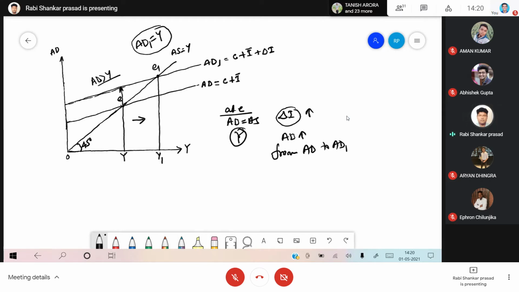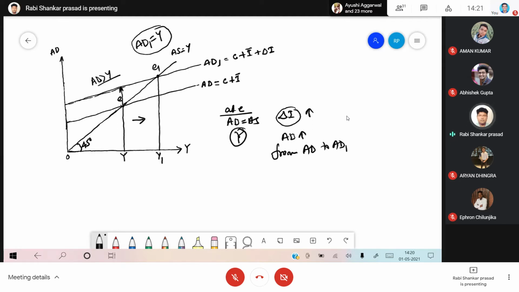Okay, so in this way you have to explain the diagram. Don't jump randomly. You need to explain each and everything in the diagram. Always, before drawing or explaining the diagram, first say what exactly you are measuring along the vertical axis and what you are measuring along the horizontal axis.